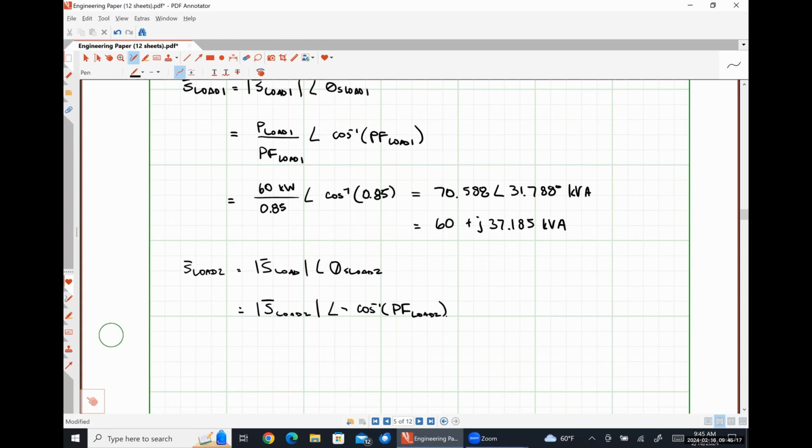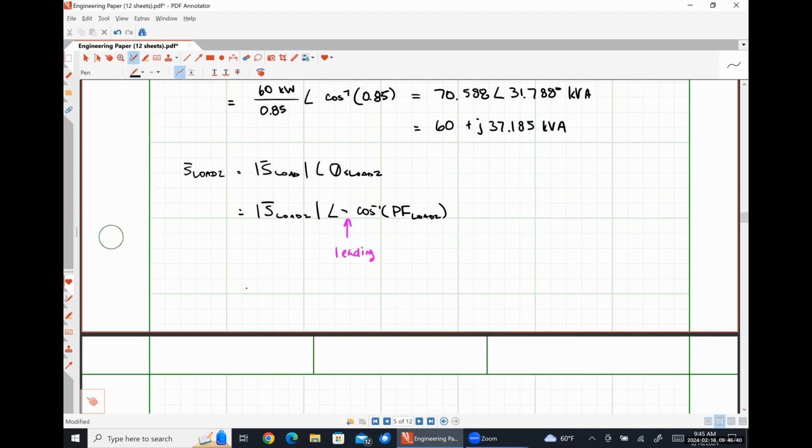And again, that negative sign right here comes from the fact that this load is operating at a leading power factor, because our calculator will always return a positive angle. We're going to force it to be negative by including that negative sign right there.